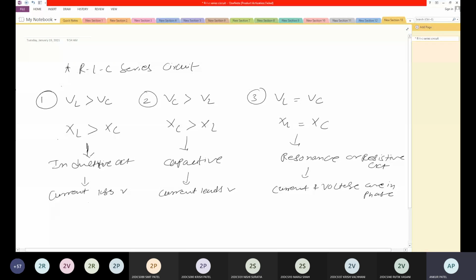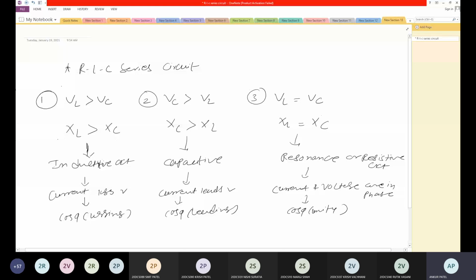So here you will get cos phi lagging, cos phi leading, and cos phi unity. So these are the three conditions that you will see during RLC series circuit.